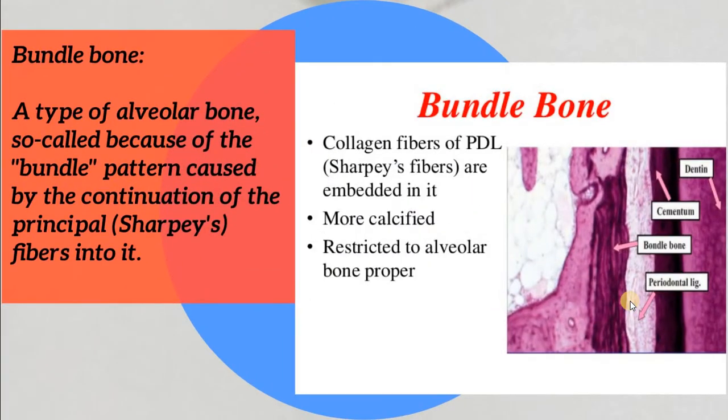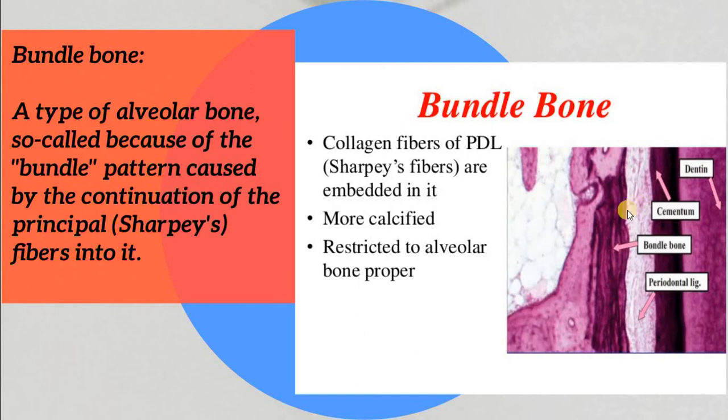Bundle bone, it's a type of alveolar bone, so called because of the bundle pattern caused by the continuation of the principal Sharpey's fibers into it. For example, this is dentin and this is cementum, and these are periodontal ligaments, while here we have alveolar bone.